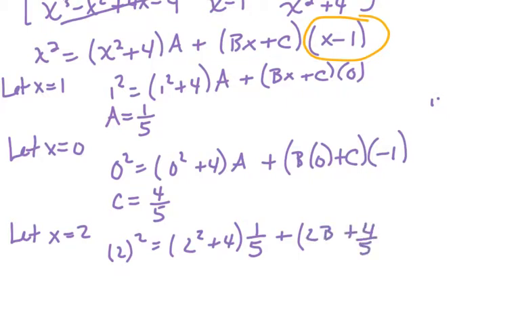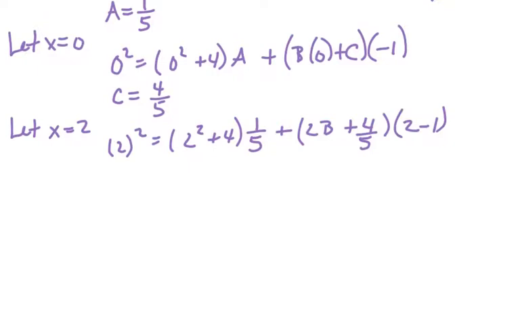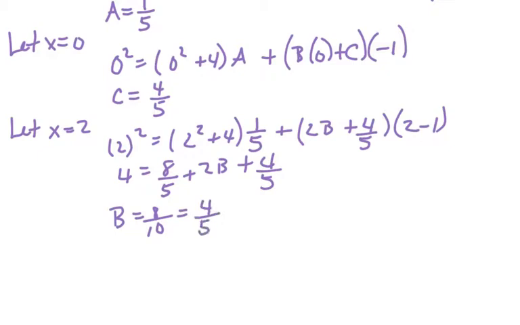So I'm just letting x equal 2 in this equation now, and then solving it for B. So I get, let's see, 4 equals 8/5 plus 2B plus 4/5. So B is equal to, and I'm doing a lot of arithmetic in my head, 8/10, which is just 4/5.